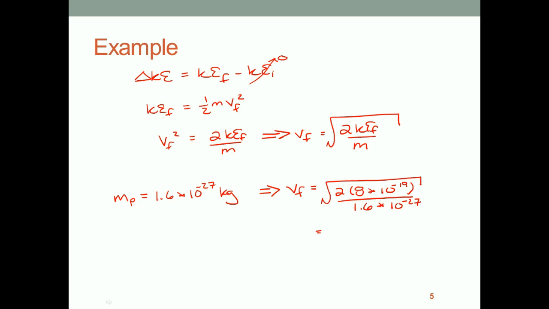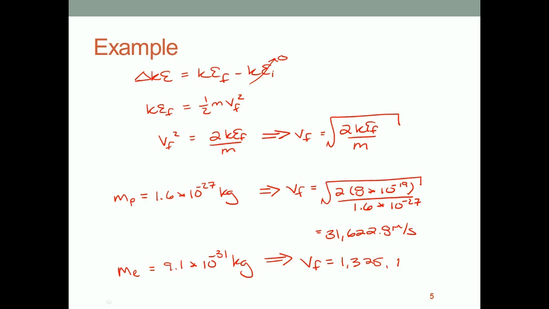So for the proton, that works out to be 31,622.8 meters per second. The mass of the electron is 9.1 times 10 to the minus 31 kilograms. So v final, when you plug everything in, turns out to be 1,325,987.1 meters per second.